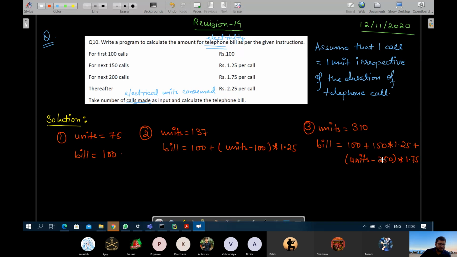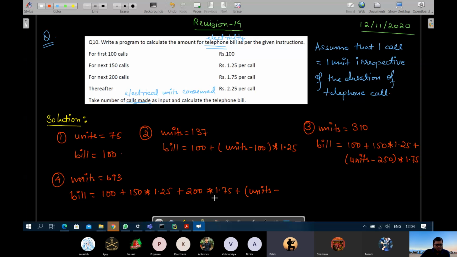Okay. Now the fourth scenario will be, what if the number of units is equal to 693? 100 plus 150 multiplied by 1.25, plus 200 multiplied by 1.75, and the remaining units minus 350 units.